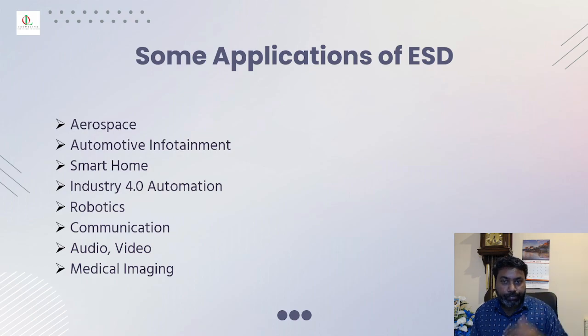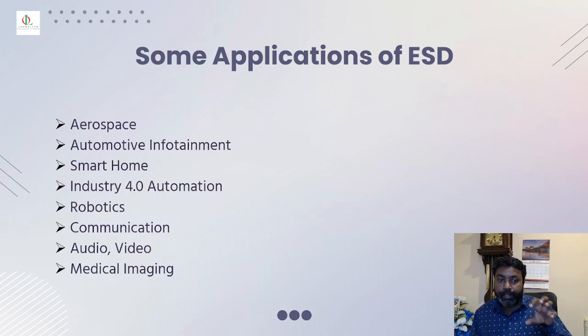So the main categories of the applications where you would see embedded systems are the following: aerospace industry, automotive infotainment, your smart home, Industry 4.0 automation, that is the future growth industry, robotics, communication, yes, with GPS, sat nav, and all those audio video applications with DSP applications, and medical imaging, yes, with all the scans, like MRI, CT scans, all those, and also some other areas where embedded systems are widely used.